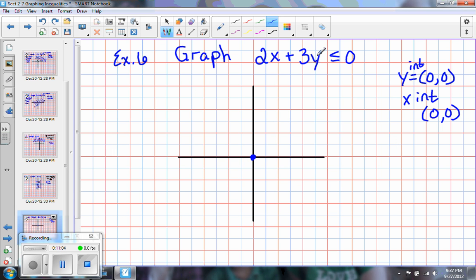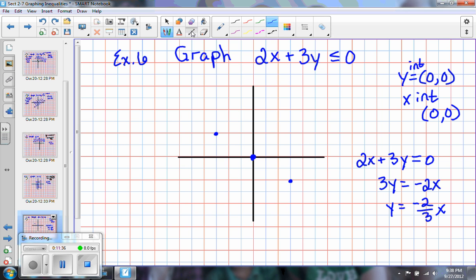So you could substitute another value, or I am going to write my equation in slope-intercept form, which means I need to solve for y. So I get 3y equals negative 2x, y equals negative 2/3 x, which tells me I have a slope of negative 2/3. So from this point, I can go down 2 and over 3. Or I could have gone up 2 and to the left 3.